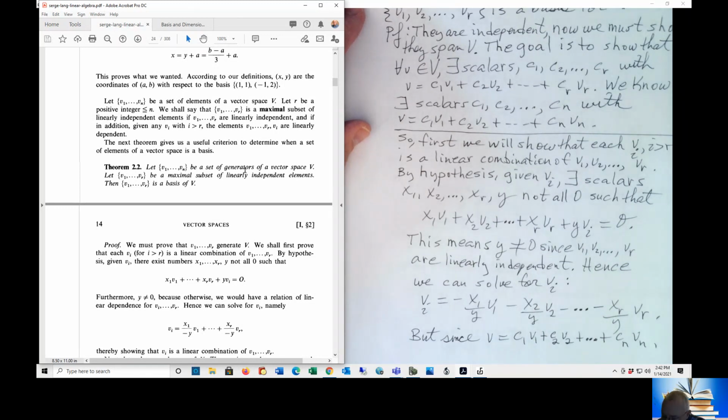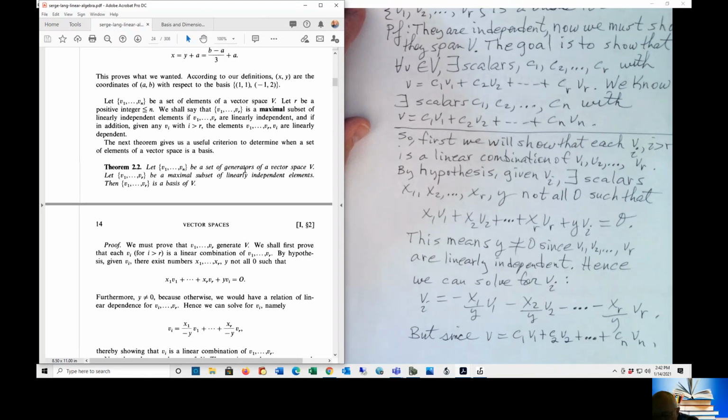But we know by hypothesis that they are linearly independent, so it gives rise to a contradiction. Okay? So since y is not 0, we can solve our vector equation for v sub i because we have to divide by y, and we can't divide by y unless y is not equal to 0.